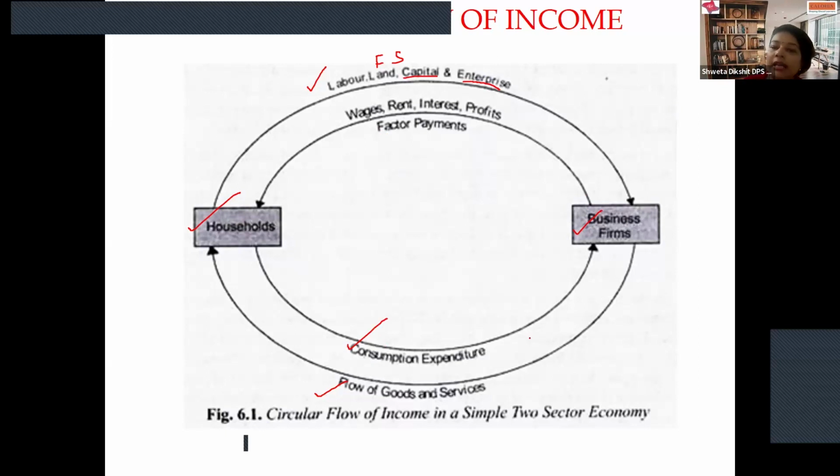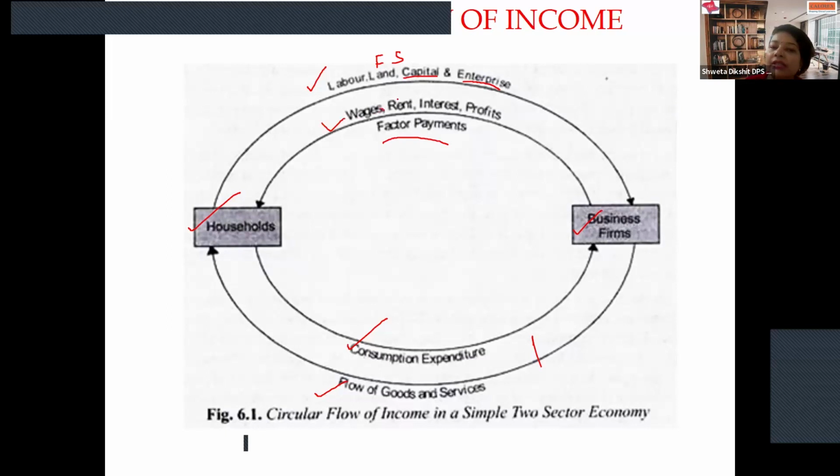Obviously, if you are getting something from the firms, what you give in return is money. You give the expenditure. That means you are giving consumption expenditures to the firms and the entrepreneurs or the investors or the producers, where in return they give you the factor payments. What are the factor payments?